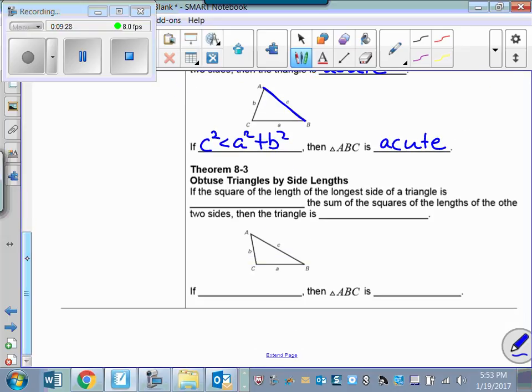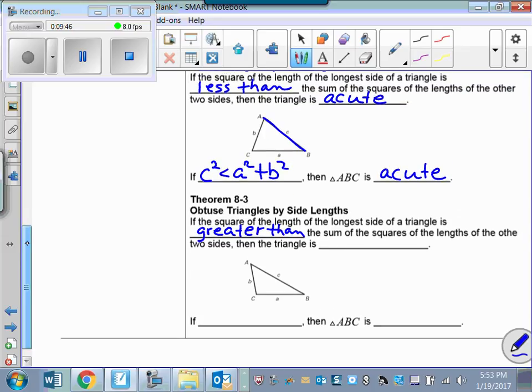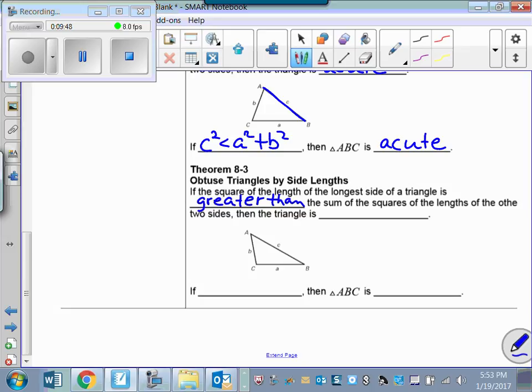All right, and then the obtuse theorem is almost the same, except it says that if the square of the longest side is greater than, I did say less than, all right, the sum of the squares of the lengths of the other two sides, then the triangle is going to be obtuse.